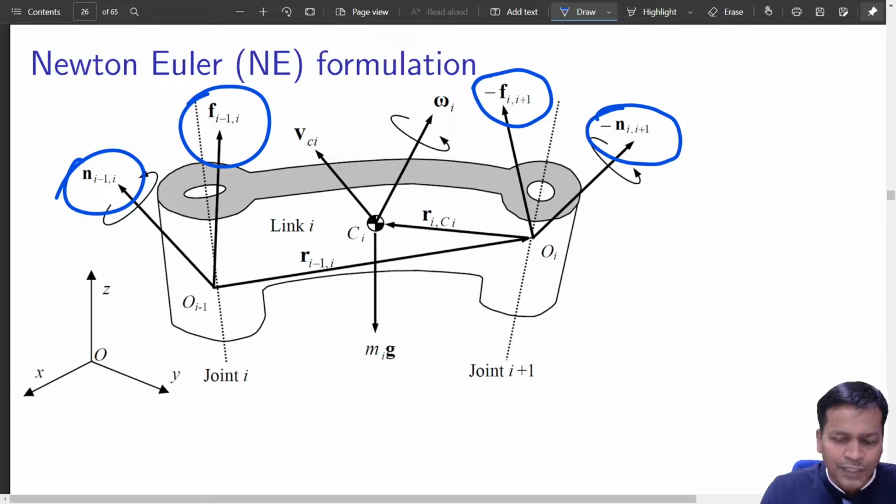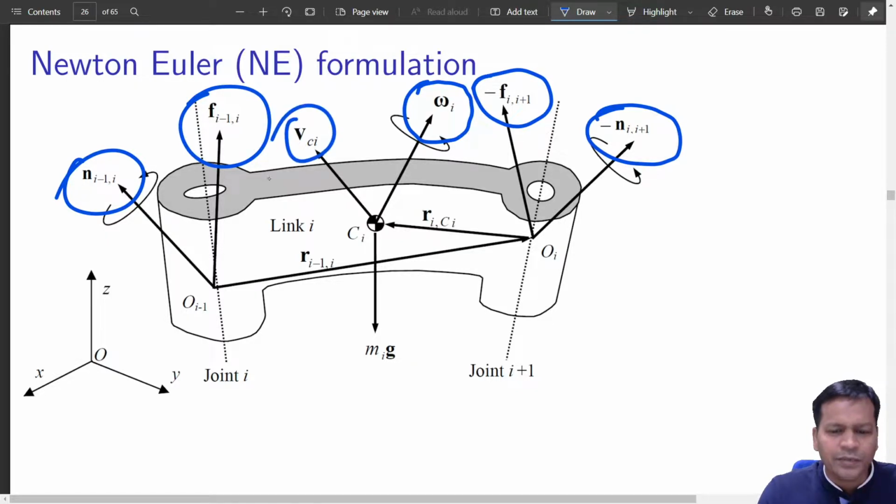Then this is its own angular velocity. Mind it, all the forces, moments, velocities, angular velocities are in three-dimensional space. So this is omega and this is linear velocity VCI, both observed at the center of gravity. And mg is the force due to gravity that it sees.